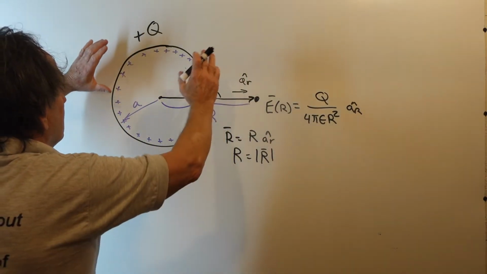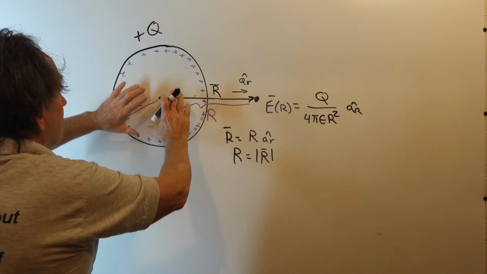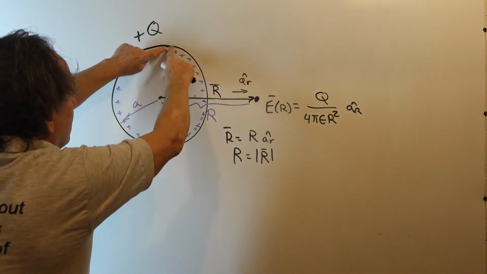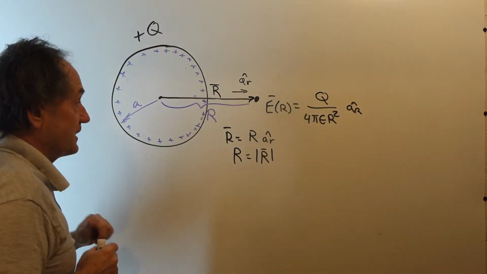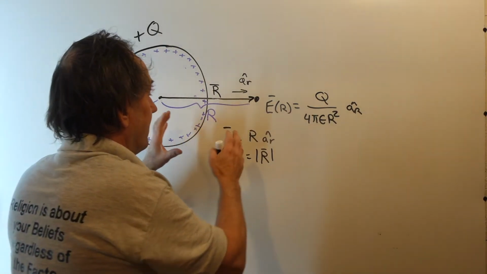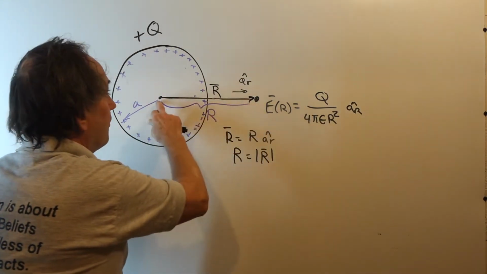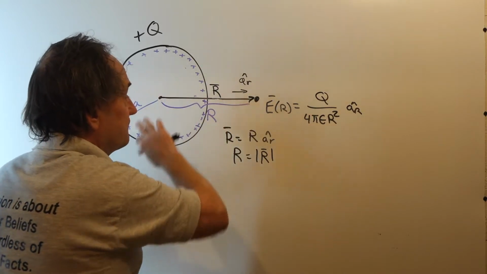So, if we have a conducting sphere and we place a charge q on it, all that charge is going to uniformly distribute itself on the surface. And we're interested in finding the field at some point outside of this sphere.